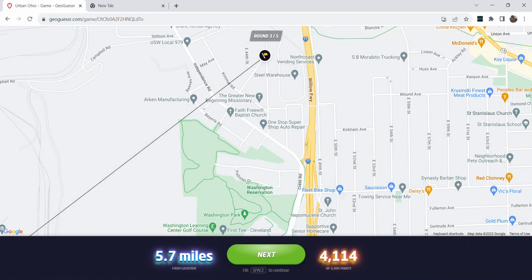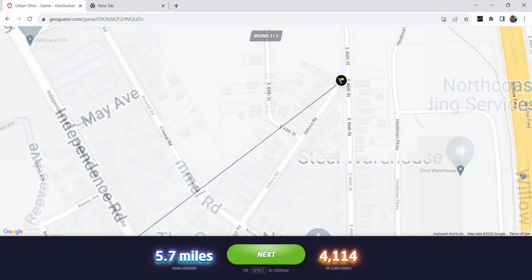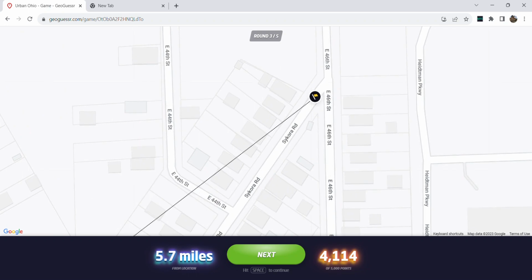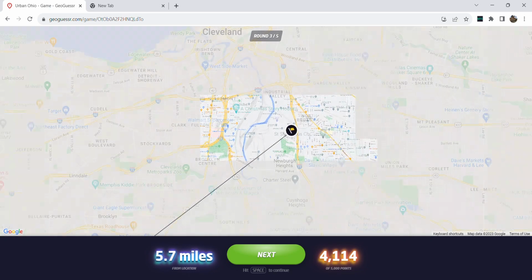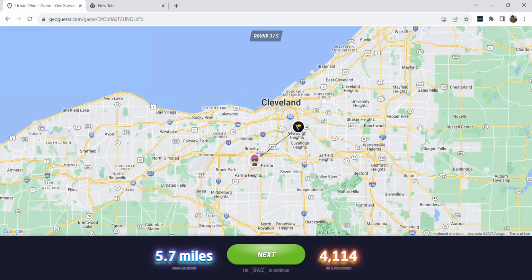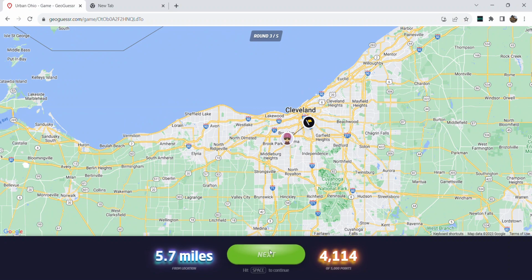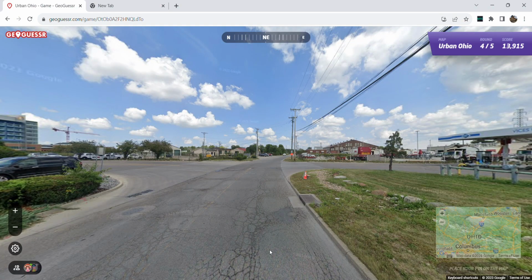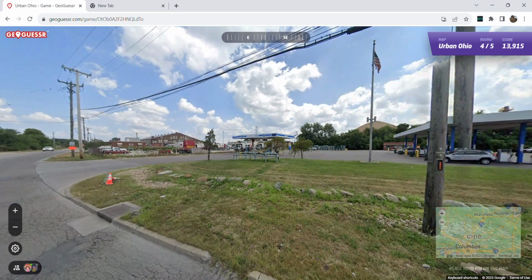That makes sense with a name like Socorro. Too bad I couldn't see that 46th Street. Maybe could have 5K'd it if I would have known that we had some numbers there, but hey, South Cleveland, not bad. Not bad at all for no moving, for sure. Hopefully I can keep this up.